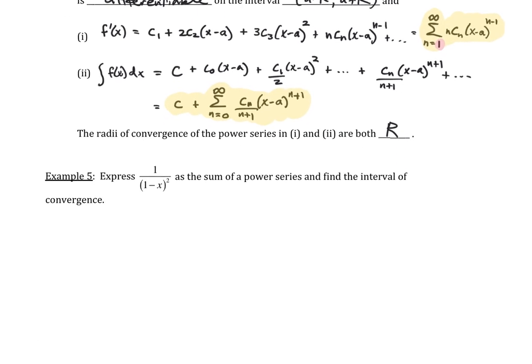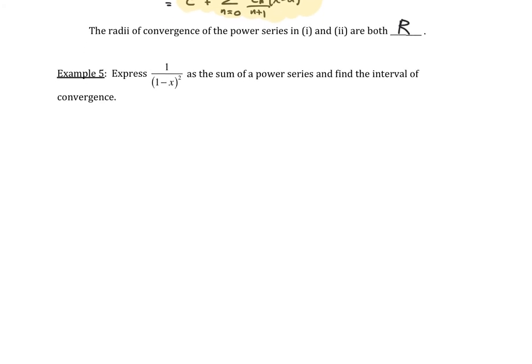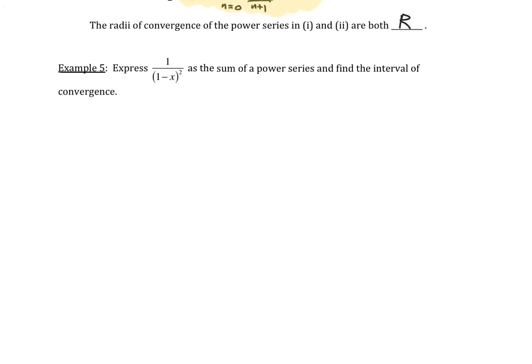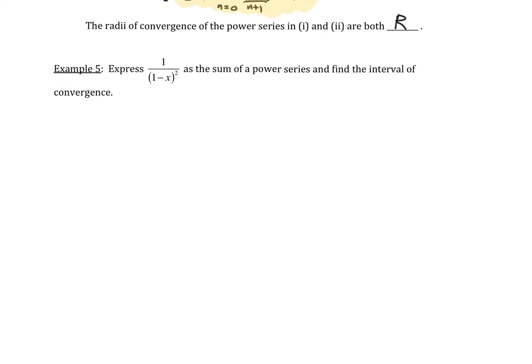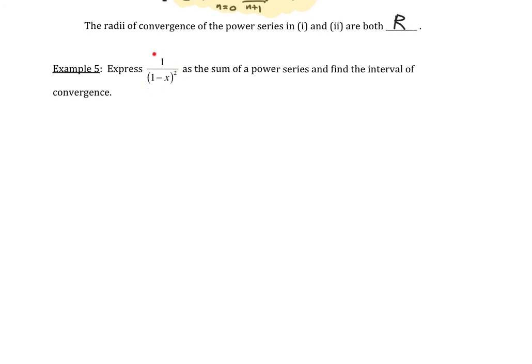Let's take a look at example 5. This is the function that we're trying to find the power series of. And this is what I want you to notice first.